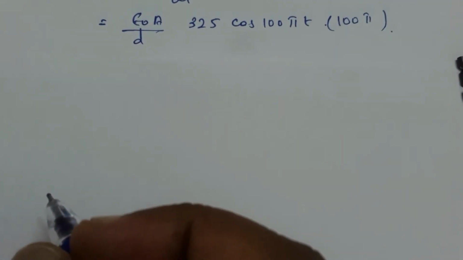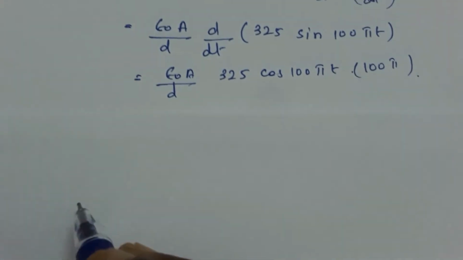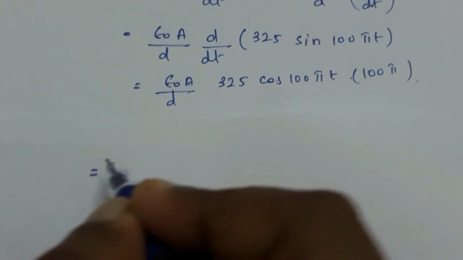Now I am going to substitute the values. I know the value for epsilon 0.